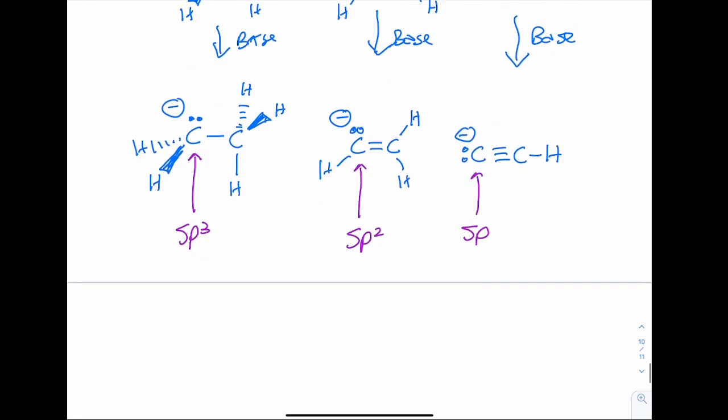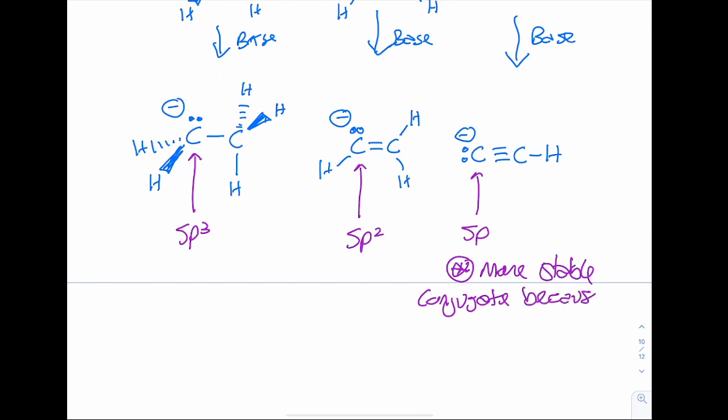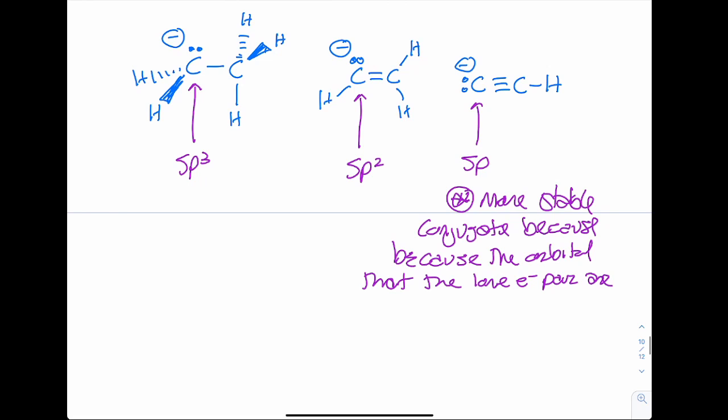So, more stable conjugate base, because the orbital that the lone pair is in has more s character.